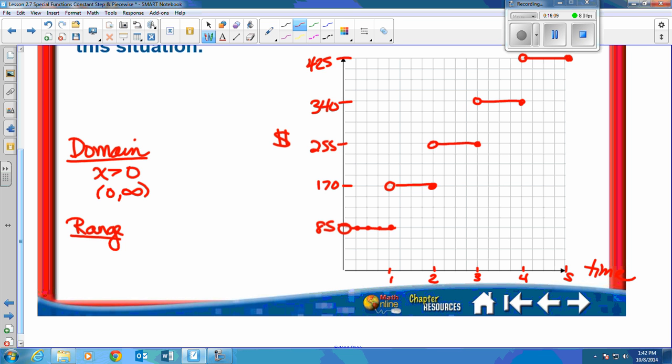No. How about multiples of 85? There is no x in it. Because if I did 85 times x, when x is half, I'd only be paying half of that hour. I pay the whole hour. So it's not a y equals mx plus b. It's a step function. So multiples of 85.